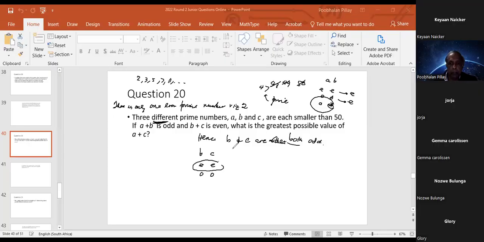All right. But we said here earlier, as far as A and B are concerned, one of them is odd and one of them is even. Now we are given that B is odd, and C is odd. So we can conclude that B is odd and one of them is even, and A is even.